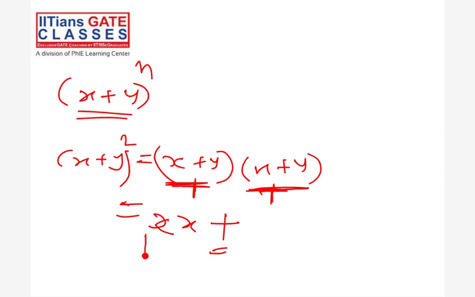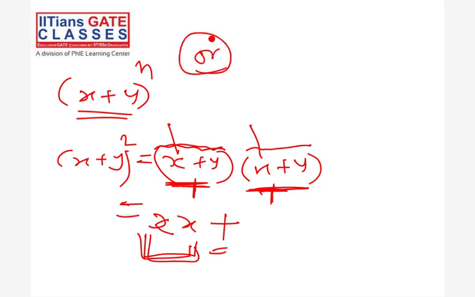Remember what we are doing: we are selecting. We can take one element from here and one element from here, and then multiply them. So if we pick x from here and x from here, we get x squared. Or, remember, in combinatorics I have already mentioned the sum rule: whenever we feel like or, we can pick x from here and y from here.